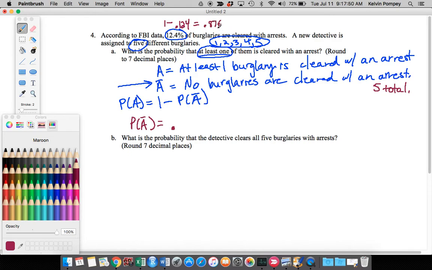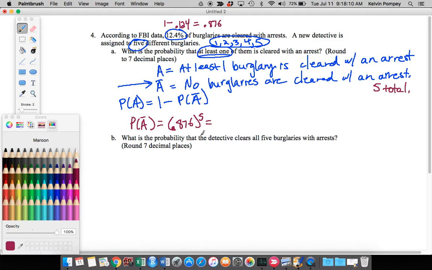And so the probability of not having a burglary cleared with an arrest is 0.876, and there are 5 burglaries, so I will multiply that 0.876 5 times, or raise it to the 5th power, and that will give me what the probability of A complement is.